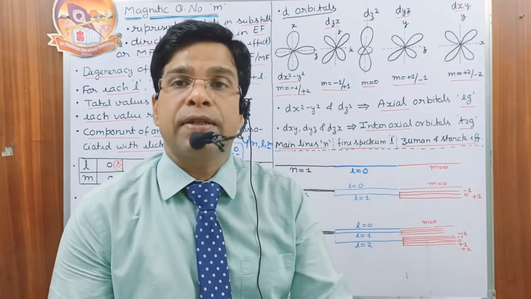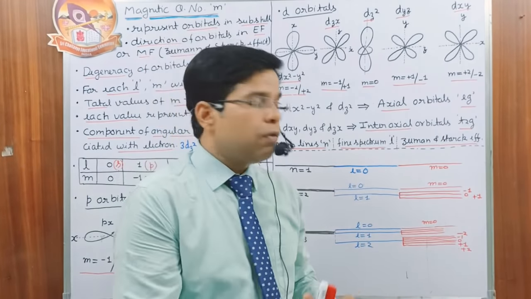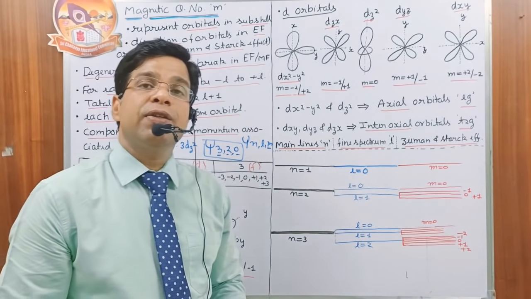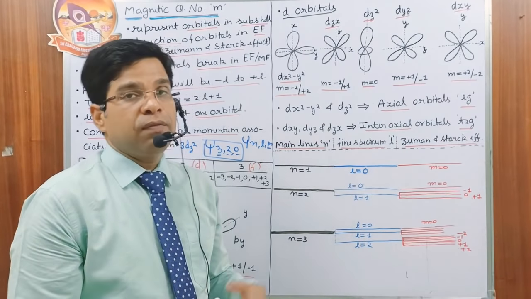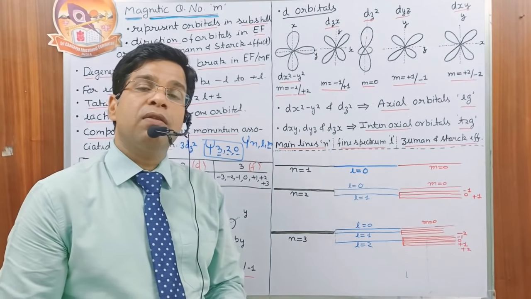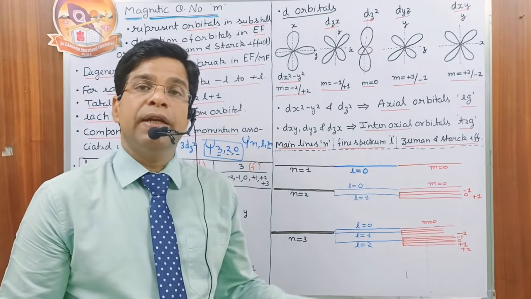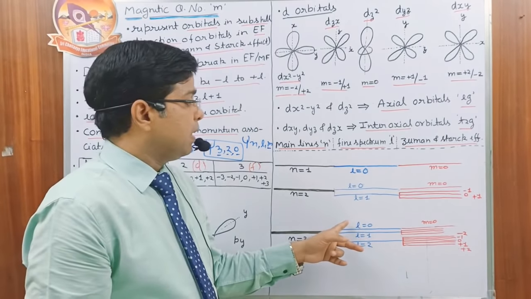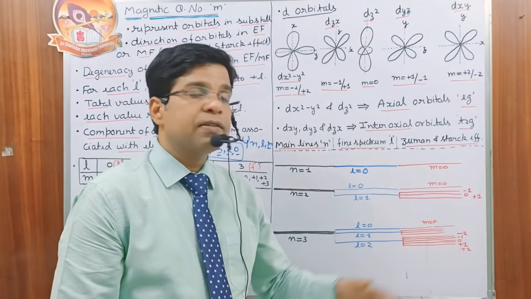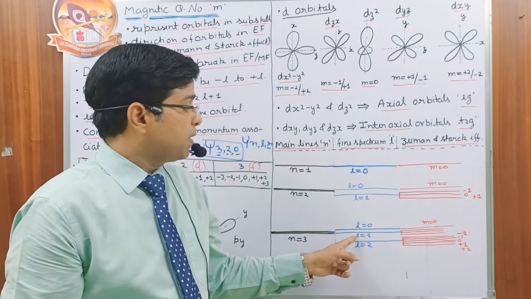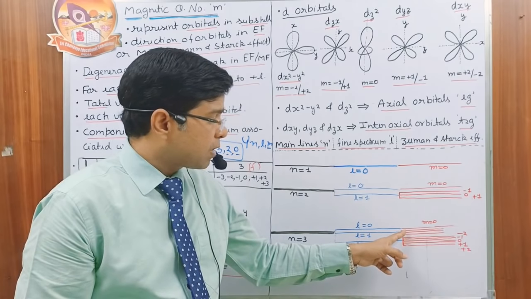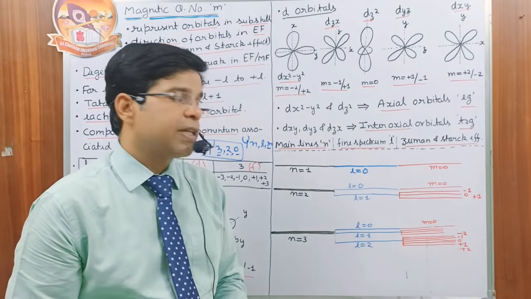This splitting of the l equal to 1 line into further parts is called the breaking of degeneracy. Now if n is equal to 3, in the third shell we have the s subshell, p subshell, and d subshell. In the s subshell only the s orbital is present. In the p subshell three orbitals are present, -1, 0 and +1, like I have explained here.